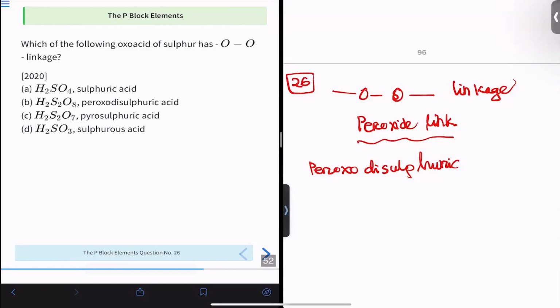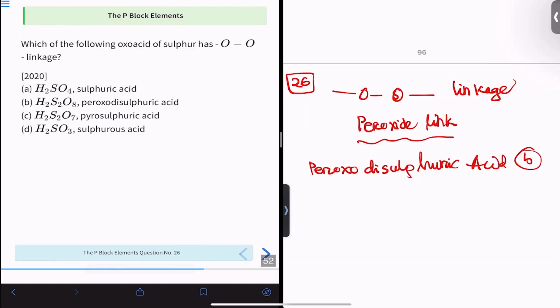So peroxodisulfuric acid has the peroxide link. Option B. This is the smartest way to go for a question, because it will save your time for the rest of your questions.